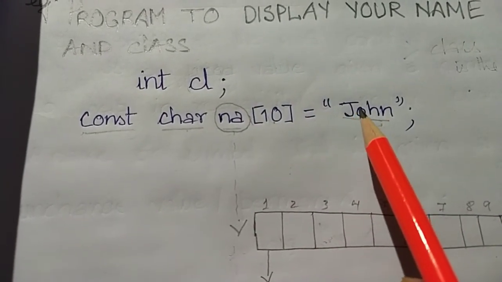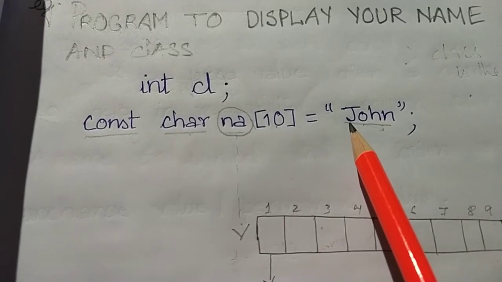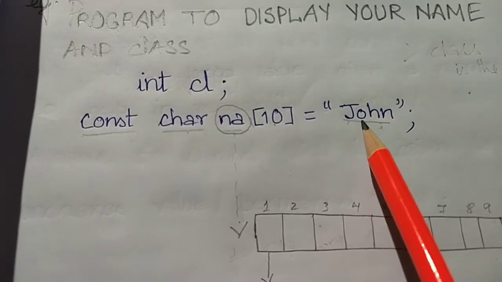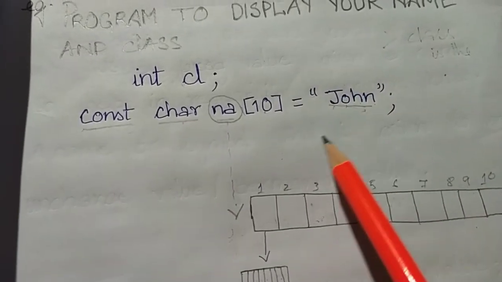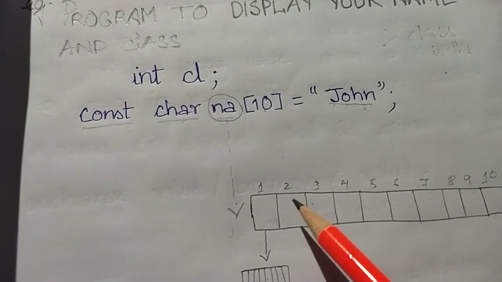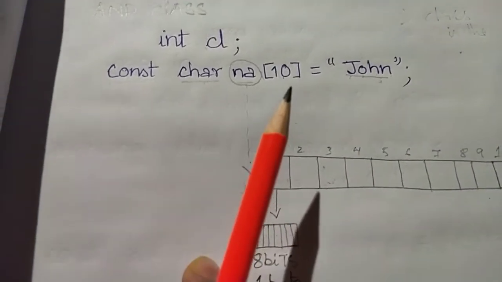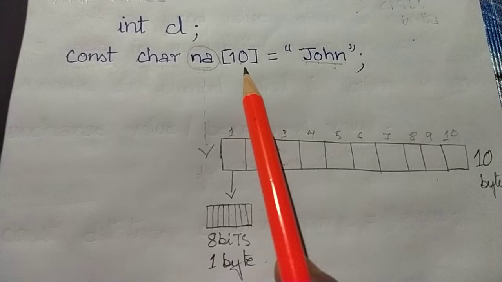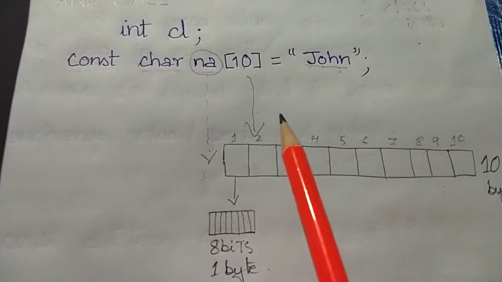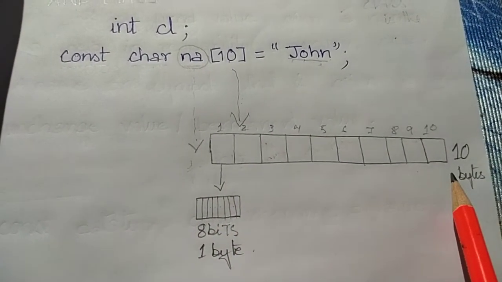For example, I mentioned John. That means it takes how many characters? 1, 2, 3 and 4. So this name will get stored in 4 bytes in the memory. Like I mentioned, the moment you declare, it takes how many bytes? Because I specified 10, it will take 10 bytes in the computer memory.